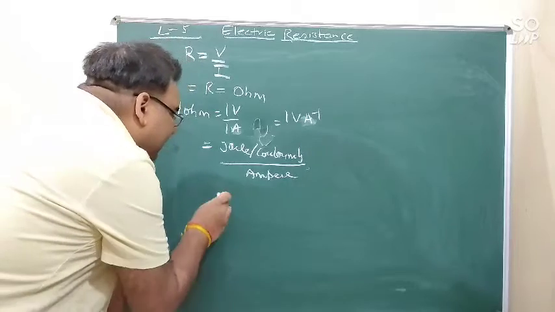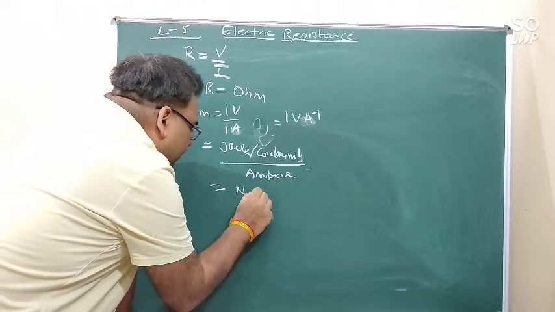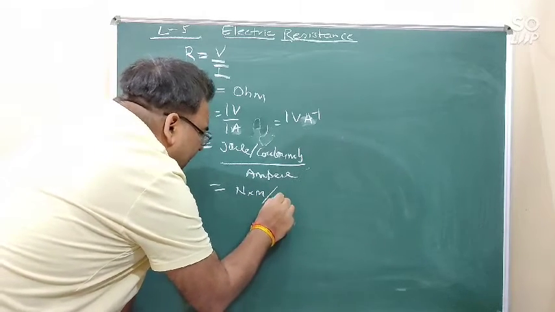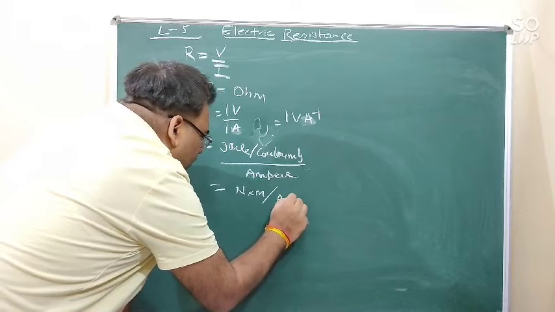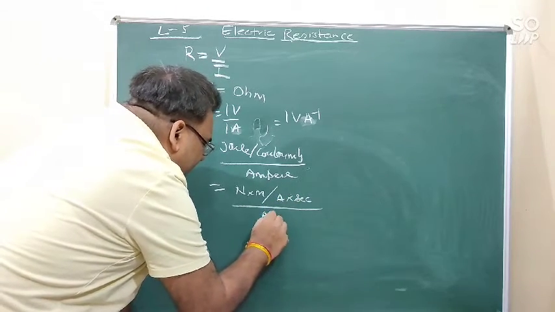So here we can write joule as Newton into meter upon ampere into second, upon ampere.